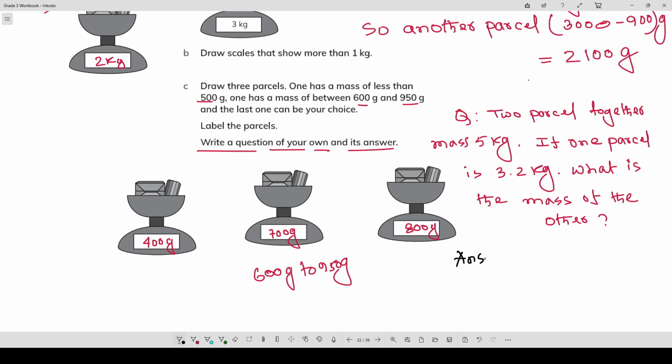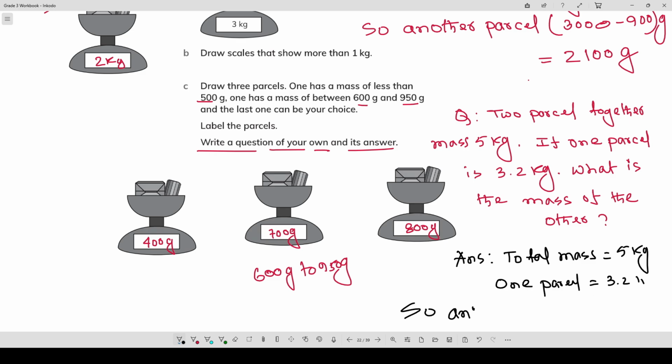The answer can be like this: together the total mass is 5 kg, one parcel is 3.2 kg. So the other will be 5 kg minus 3.2 kg.